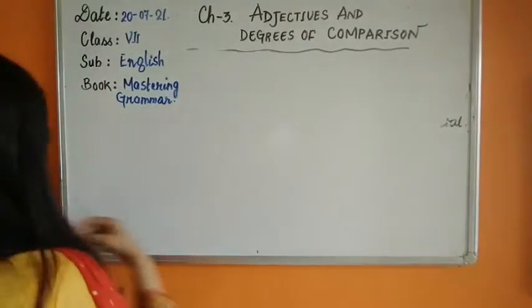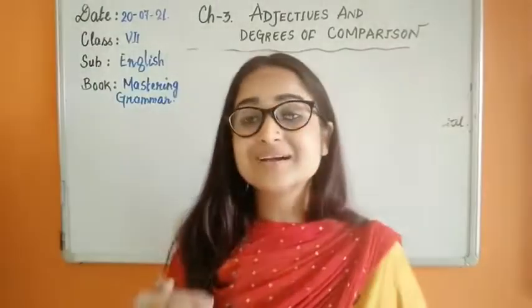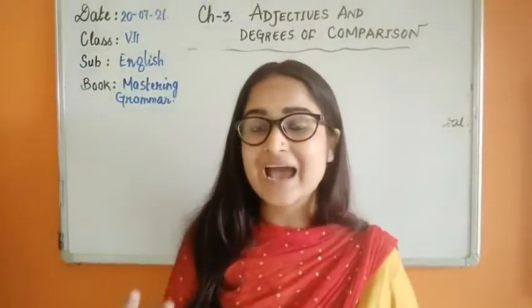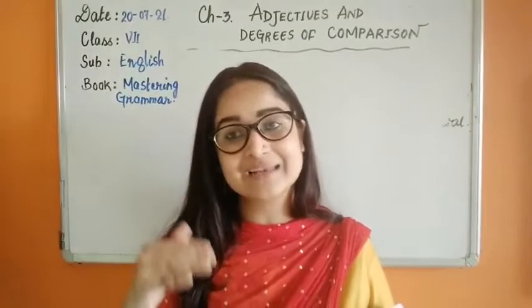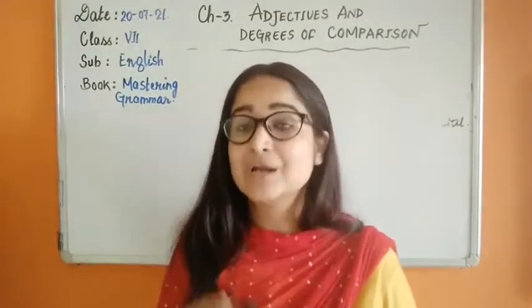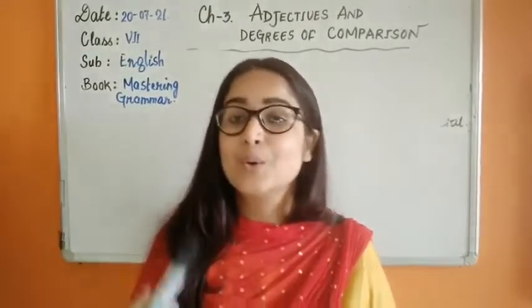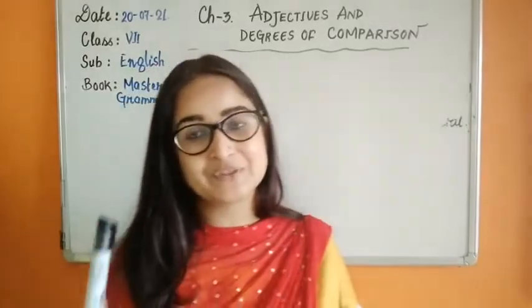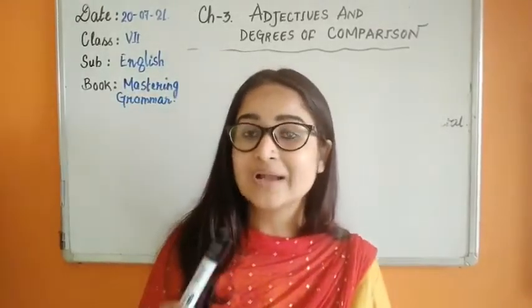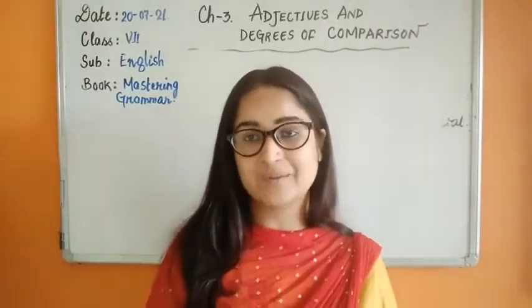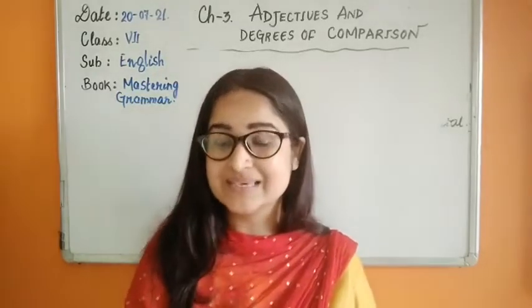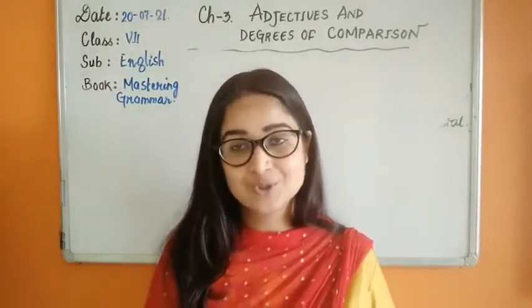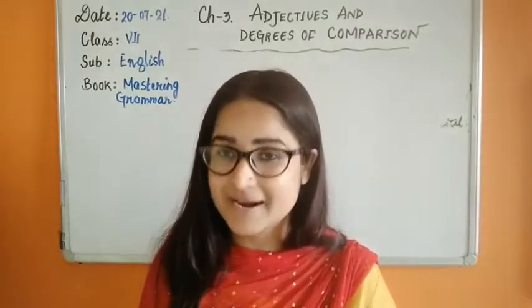That means what? So now, what are degrees? Degrees are actually the stages or the levels of comparison. Now children, you should understand, when the quality of 2 things is compared with each other, then we say that the degree used there is the comparative degree.